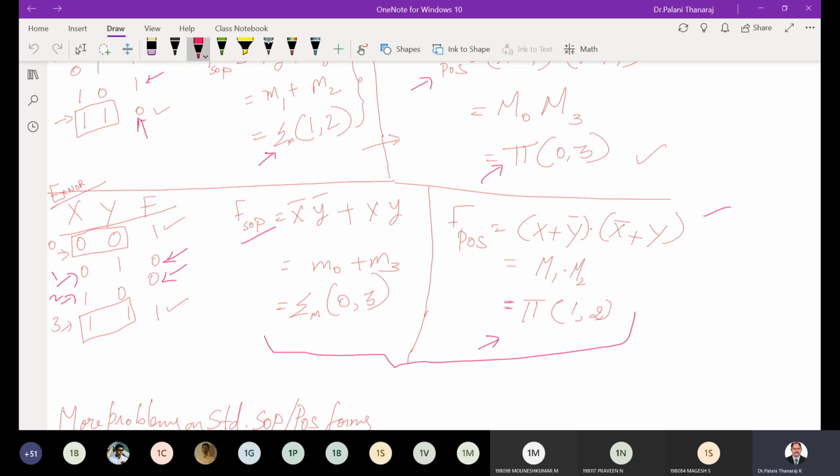You observe the SOP form and POS form for the same truth table, same logic circuit. I'm just observing. What inference can you have? Observing these two values, SOP and POS, or look at this output, ones and zeros. Can anyone tell me what is the relation between SOP and POS with respect to a truth table?